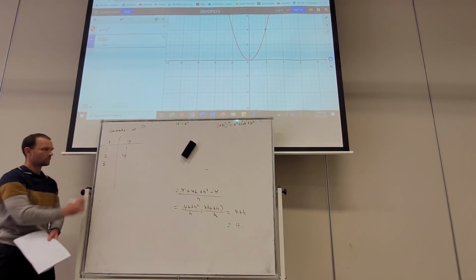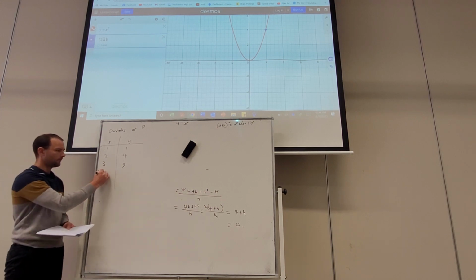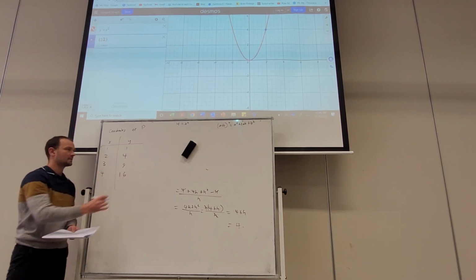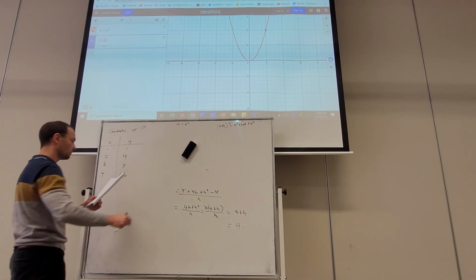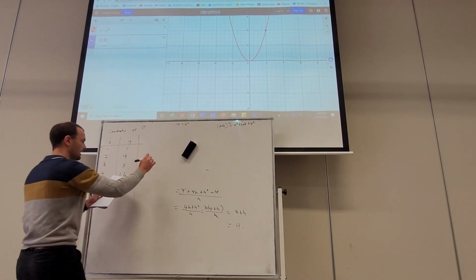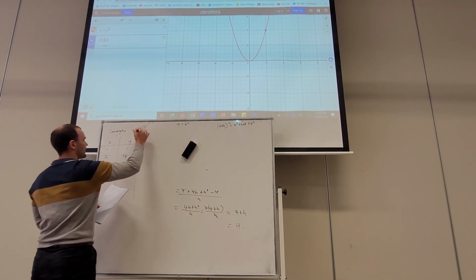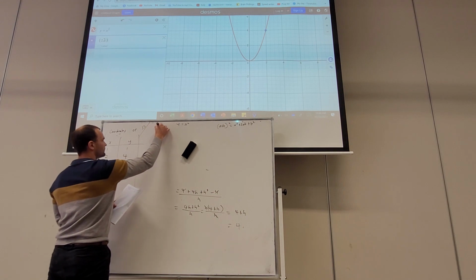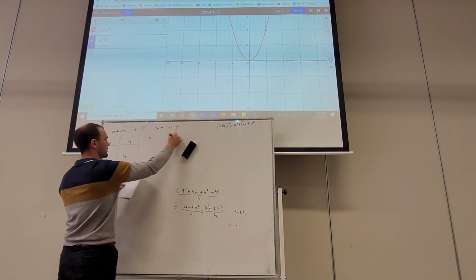If we have x is 3, the y value is 3 squared, 9. And if we have x is 4, the y value is 4 squared, 16. Okay, so we've filled in the y values there. So that's the coordinates of point P. Then we have the coordinates of M, right? Yep, so that lines up there. Coordinates of M, and we've got x and y.